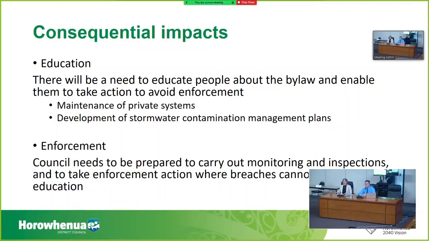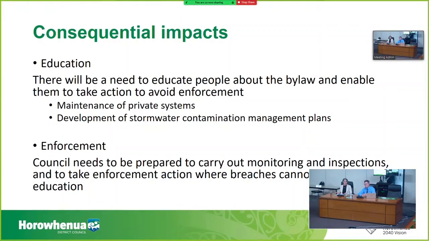So these are the consequential impacts. As we talked about education, there will be a need to educate people about the bylaw and enable them to take action to avoid enforcement. So this will actually be quite an important part of the bylaw, especially on the maintenance of private stormwater systems and the development of stormwater contamination management plans.